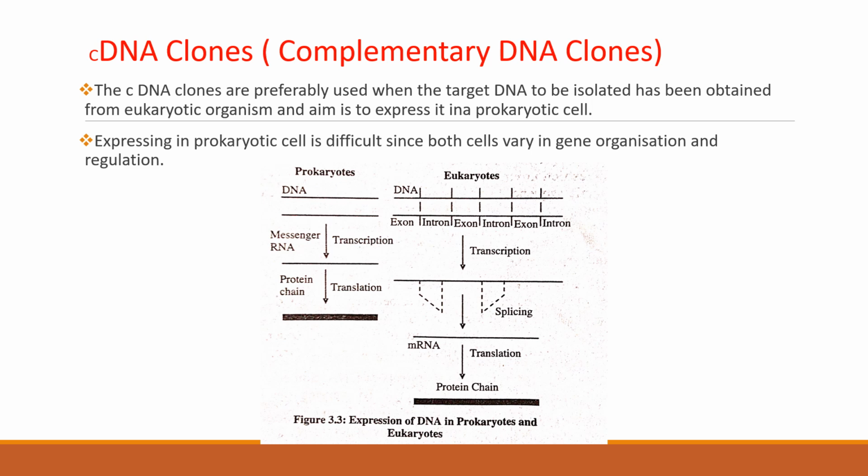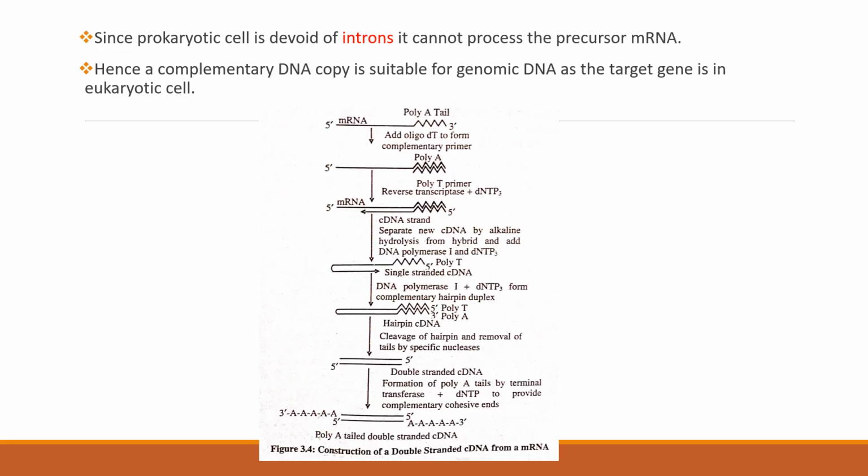So if this target DNA is inserted into prokaryotic cells, they don't have this mechanism. That is, the splicing step is not possible in prokaryotic cells. So for that, the eukaryotic DNA is converted into mRNA in an in vitro cell culture, and one strand of this mRNA is taken as the template.